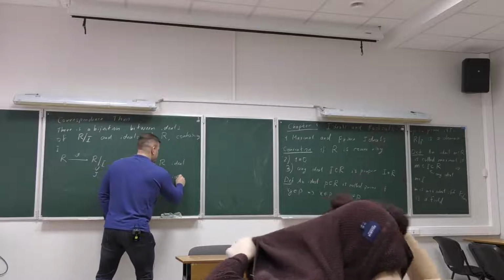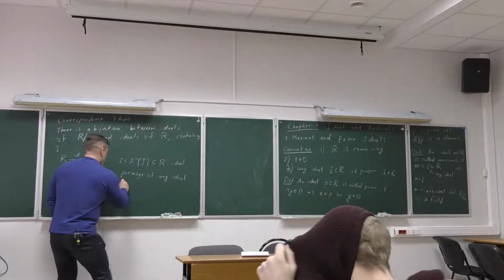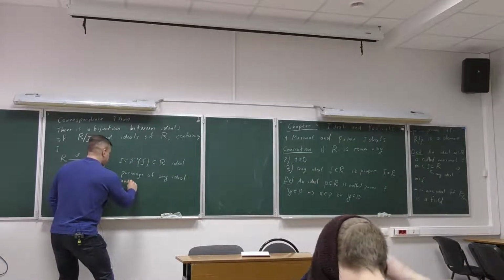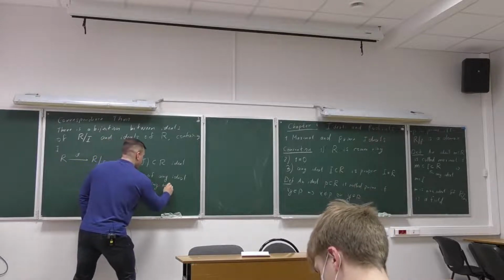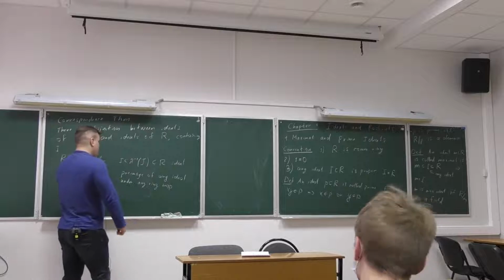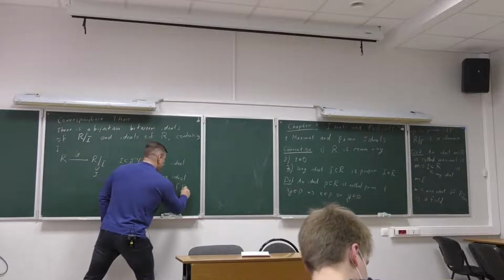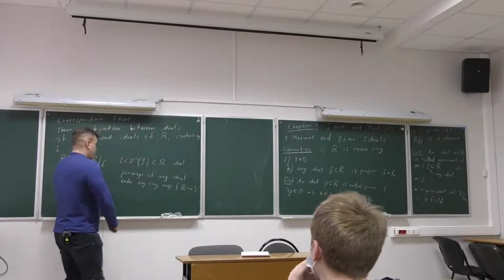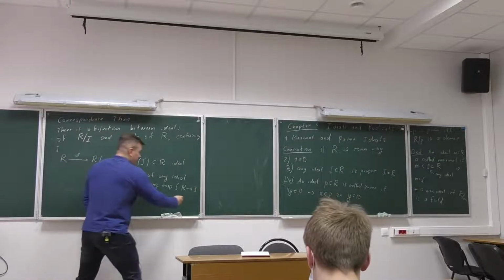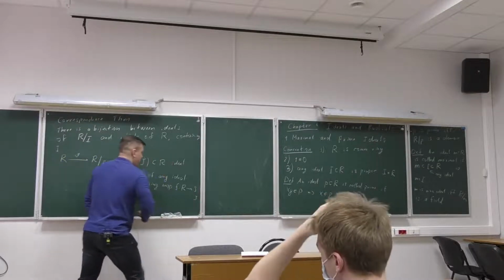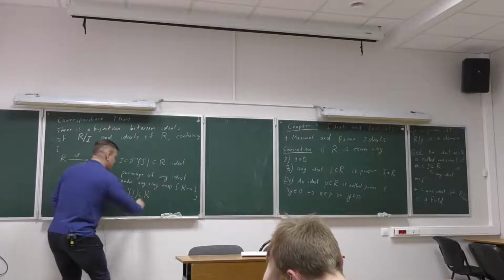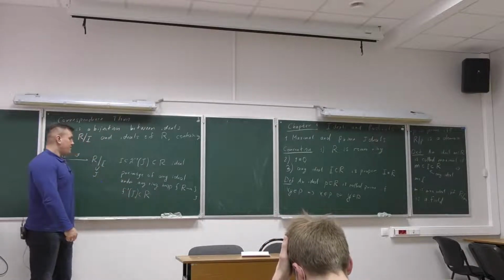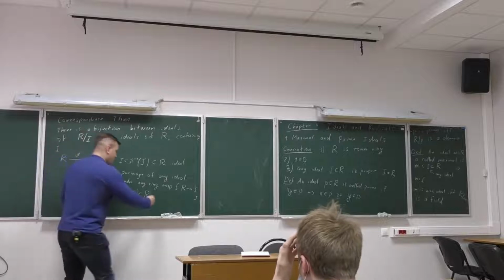Of course, we can check immediately that the preimage of any ideal under any ring map, say I call this map F, from R to S, and if I take, say, an ideal J in S, I can consider the preimage. That's some subset in R, but you can check that this is an ideal.